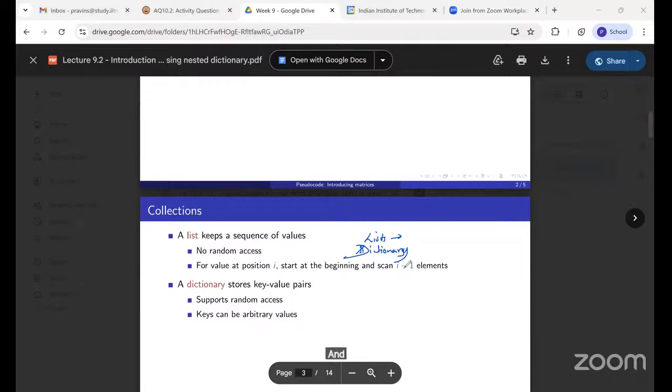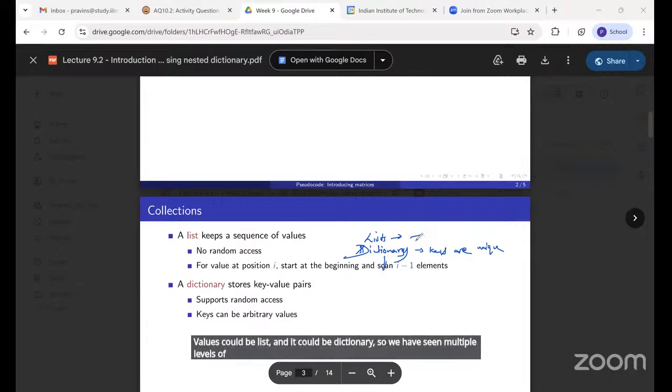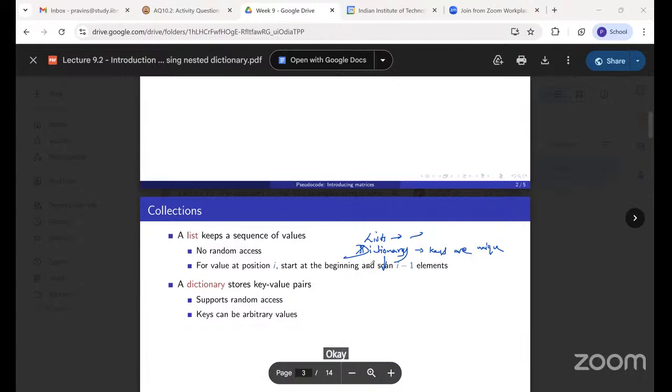And all the keys should be unique in your dictionary, right? And we have also seen the values could be anything. Values could be a list, or again a dictionary. So we have seen multiple levels of nested dictionary, and in lists also the list of lists we have seen. Okay. But now here we are going to study matrices.